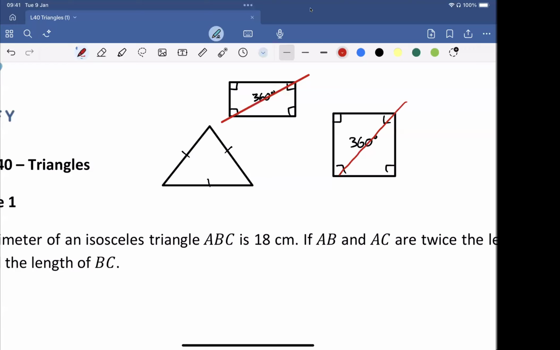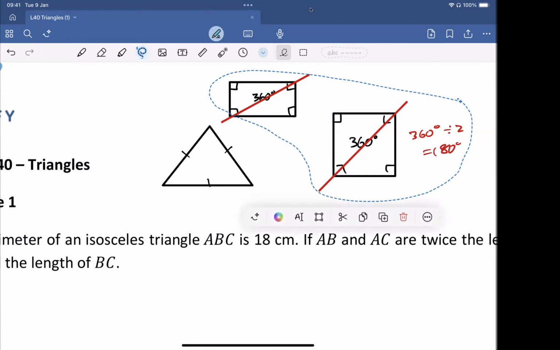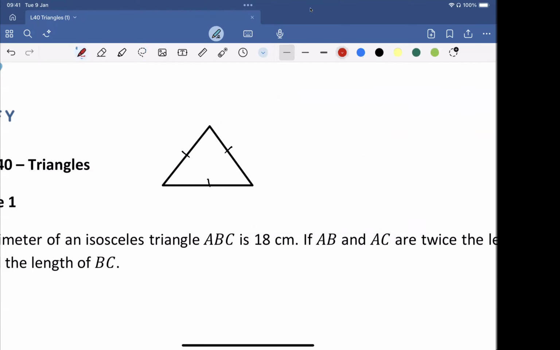If you cut a square into half, you get a triangle, right? So 360 divided by 2, you get 180. So if you cannot remember 180, just think of a square or a rectangle, and divide it by 2. So the total sum of angles in any triangle is always 180 degrees.